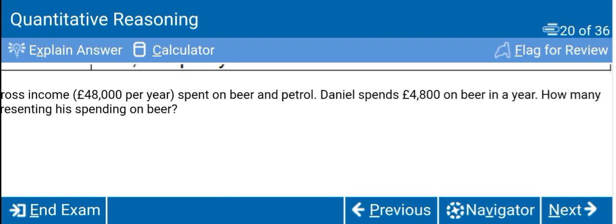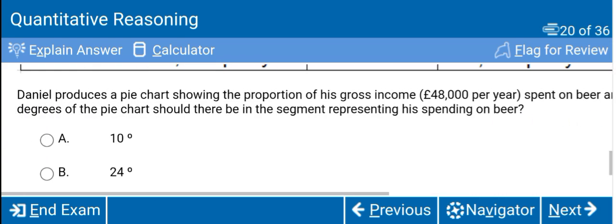Daniel spent 4,800 pounds on beer in a year. So how many degrees of the pie chart should there be in the segment representing his spending on beer?